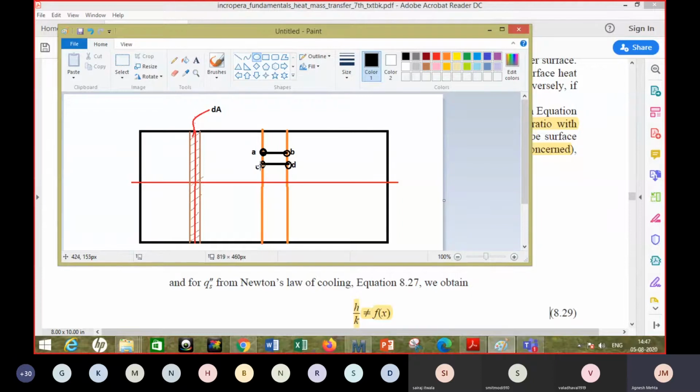It means it would not change from C to D, and it would also not change from A to B. So the differentiation of that ratio from C to A or from D to B also would be the same, right?